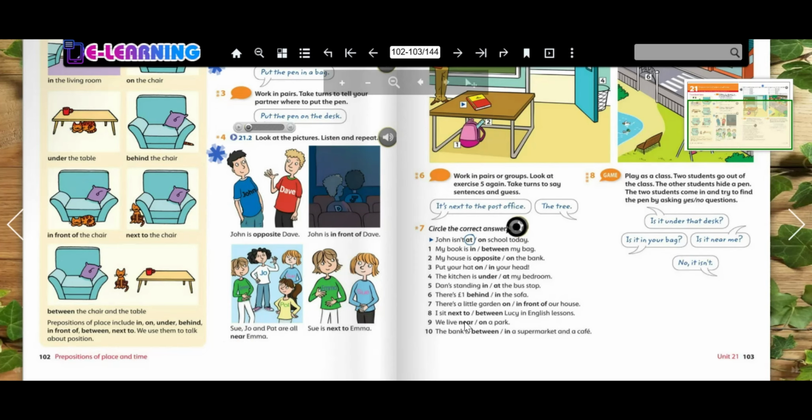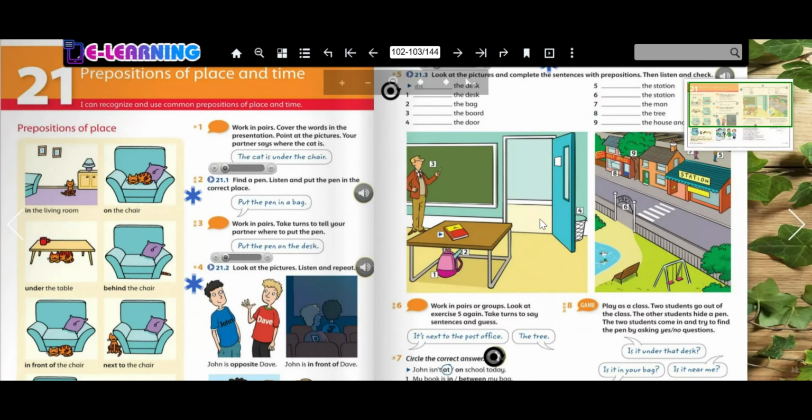All right. So exercise 5, look at the pictures and complete the sentences with prepositions, then listen and check. Okay, you can see some small numbers right here. So look at the pictures closely and write the preposition of place in the blanks. Okay.